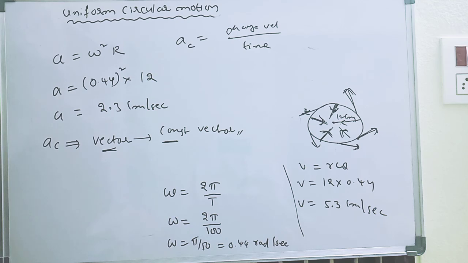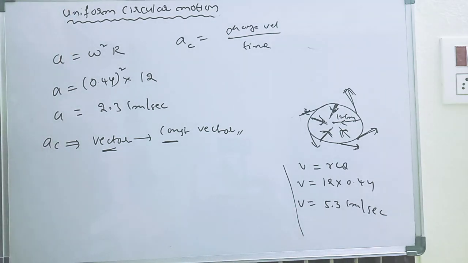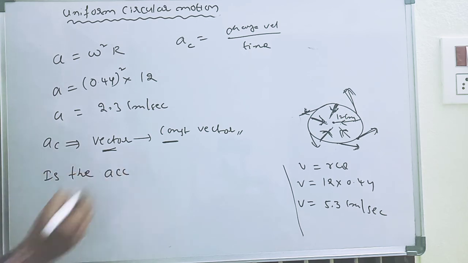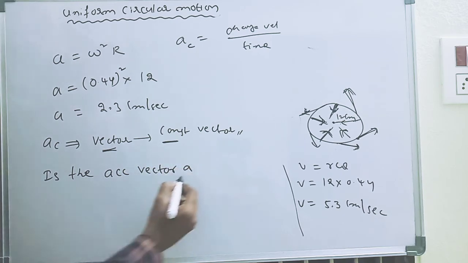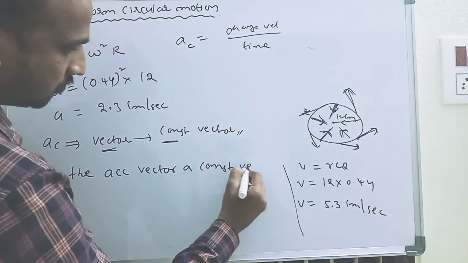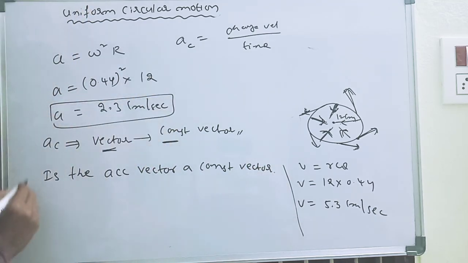So what is the question? I'm writing the question once again for clarification only. Is the acceleration vector a constant vector? Okay, so this is the magnitude part. And is the acceleration vector a constant vector? No. Why?